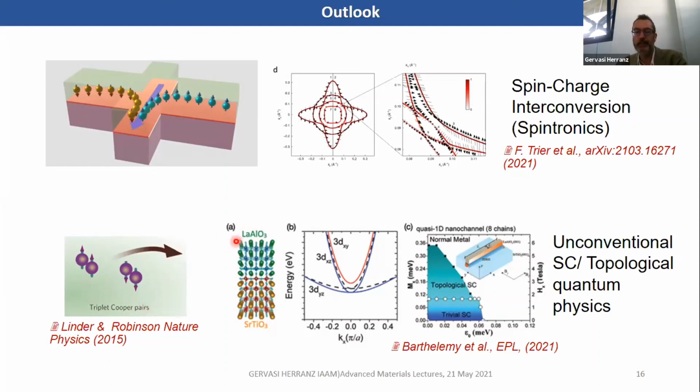And this is interesting for different fields, for instance, in superconducting spintronics, or in this field that I mentioned about topological quantum physics. For a nice review on these prospects, I also recommend this recent publication that reviews this matter.